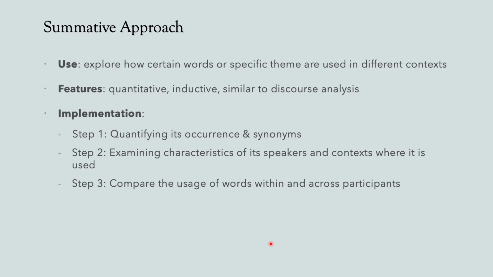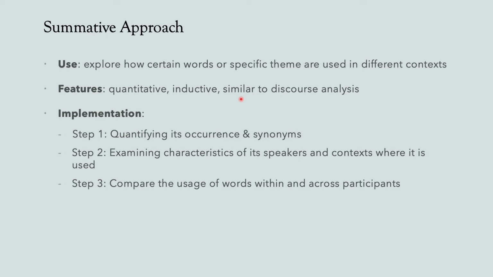This approach is used for studies that explore how certain words or content are used in different contexts. So it is quantitative because it involves counting the frequency of the word. It is also inductive because, to my knowledge, people don't have a predetermined scheme like the previous one.